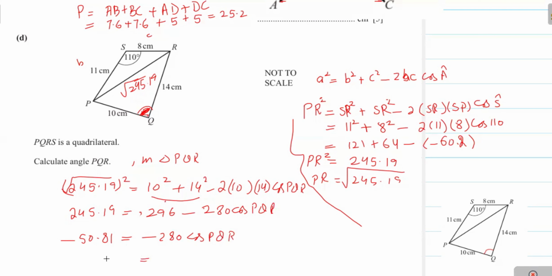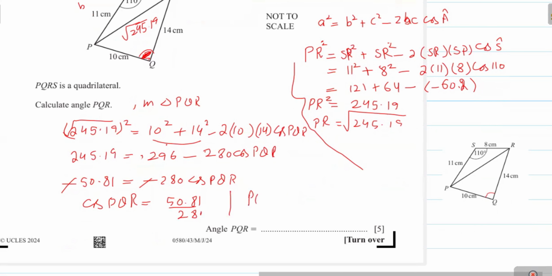Now the minus will be cancelled. Then cos PQR will be equal to 50.81 over 280. PQR will be equal to cos inverse of 50.81 over 280, and this value will be equal to 79.54 degrees. This is the angle.